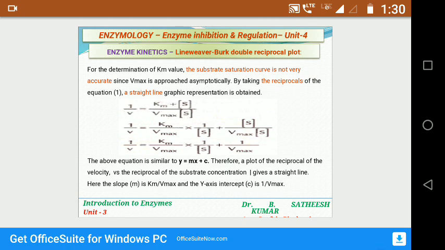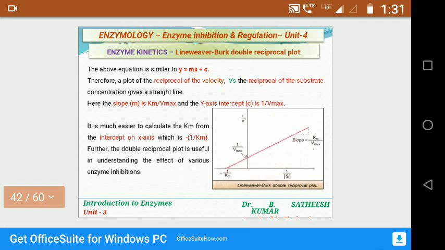So if we solve the equation for this, we will get an equation which is similar to y equal to mx plus c form. So y equal to mx plus c is the equation for a straight line. So that means if we take reciprocals of all the variables which are used in the Michaelis-Menten equation, we will always get a straight line which is y equal to mx plus c.